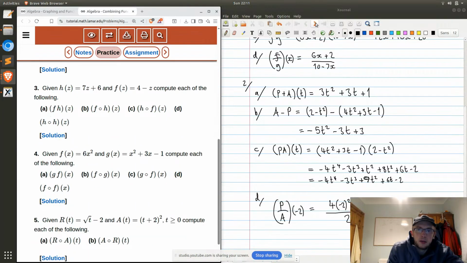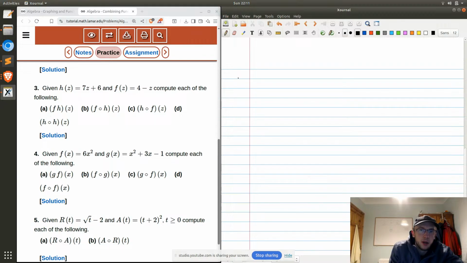Okay, now for problem 3. Okay, we're given two linear functions, h and f. H of z is 7z plus 6. F of z is 4 minus z.